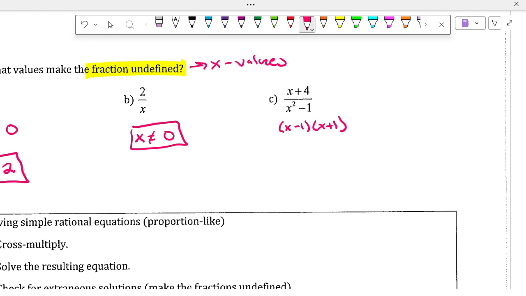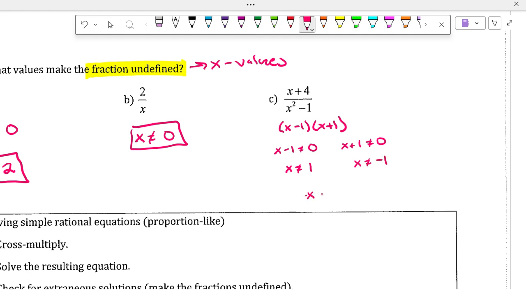So if I want to find it, I'm going to set both of these not equal to 0. So x cannot equal what for the first one? 1, or x cannot equal what? Negative 1.